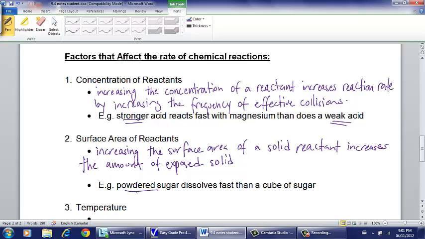So for example, if you have powdered sugar, you would expect it to dissolve faster than a cube of sugar because every bit is exposed already in the powdered sugar.